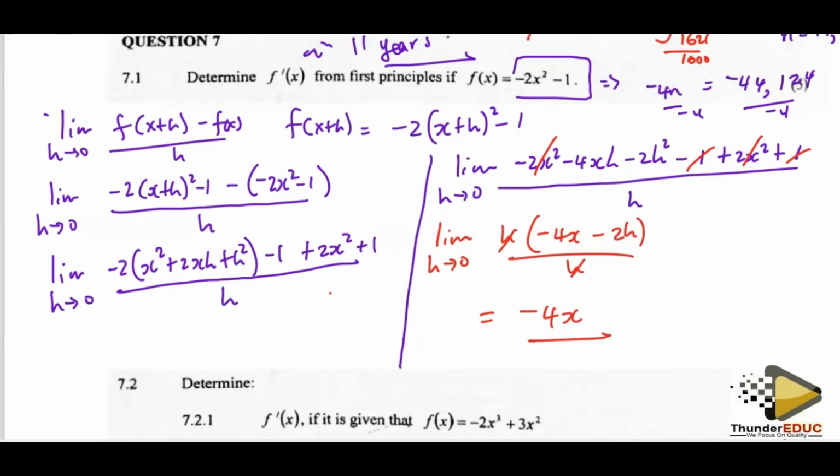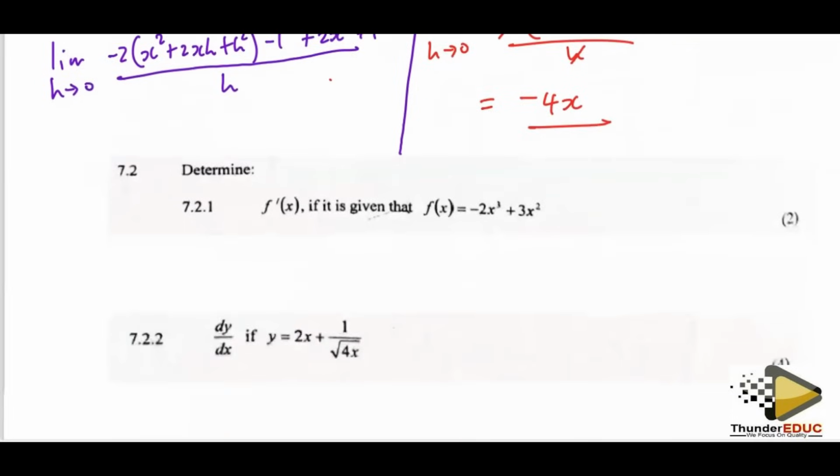Remember the x plus h. This is important, and how you open it up together with that negative 2. Then 7.2.1, they want us to find the first derivative if it's given like this. So use your rules. Remember, if we have a x to the n, the n must multiply with the coefficient and then we subtract 1.